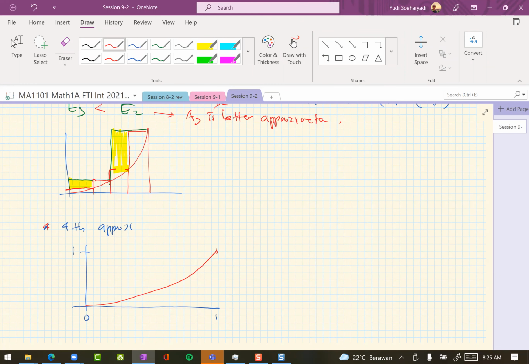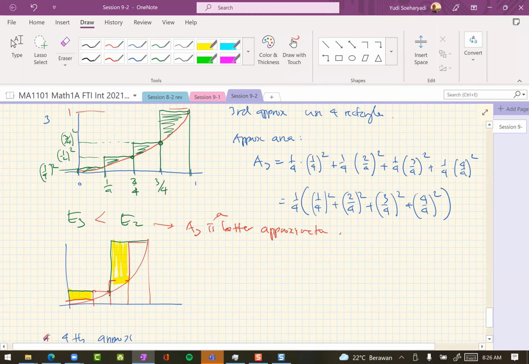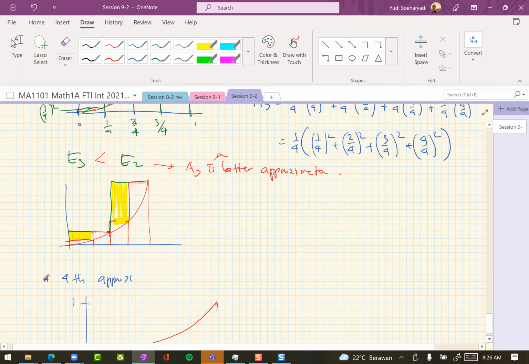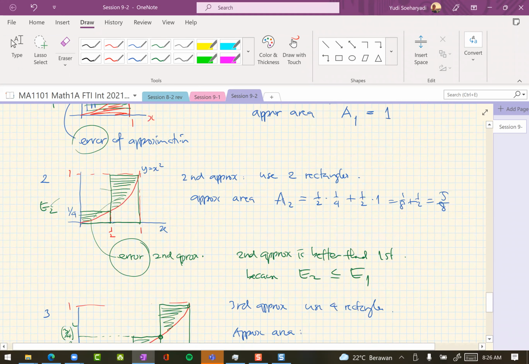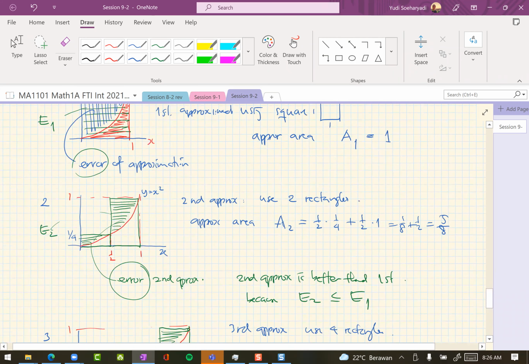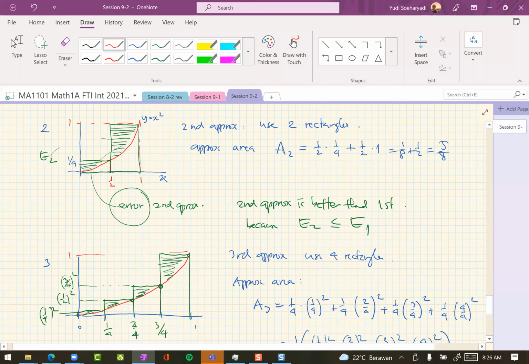Do more rectangles. How many rectangles now? 8. Right, so we just have one big rectangle, which is a square. Now, second, you have two rectangles. Then you have four rectangles.